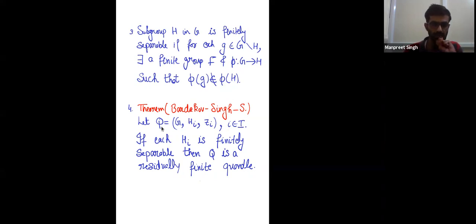We prove that if we have a coset quandle and H_i is finitely separable in the group G, then the quandle is residually finite. This implies that all link quandles corresponding to non-split links are residually finite.